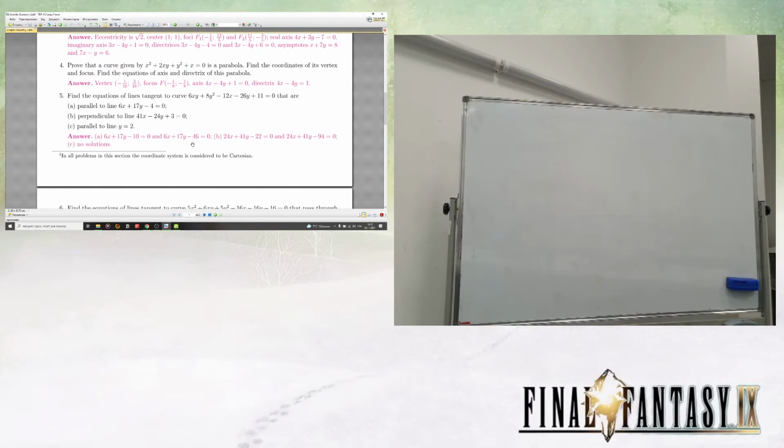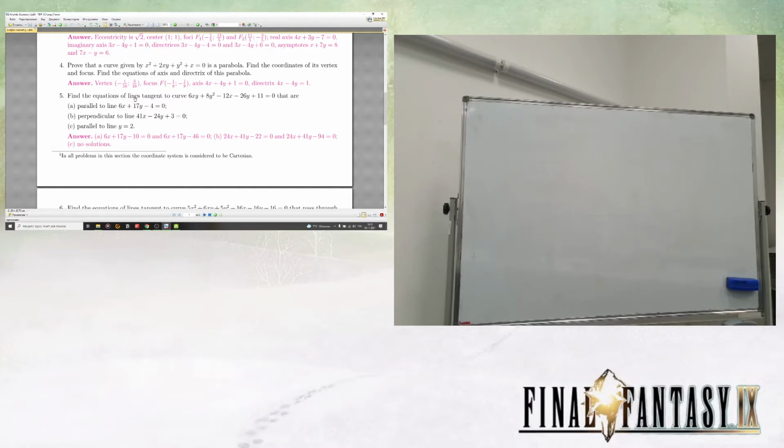Also, we have other tasks like finding the equation of lines tangent to the curve. How can we do this? Derivative, what else? Point to find c. So the equation is y equals mx plus b.